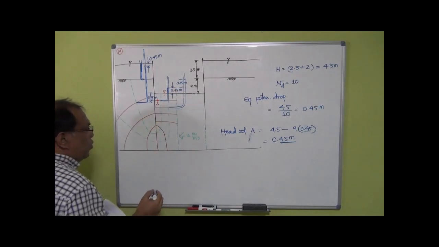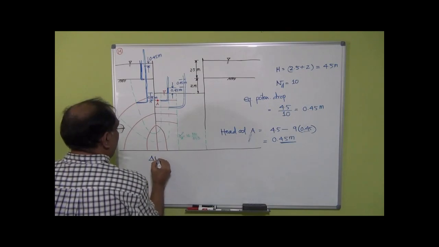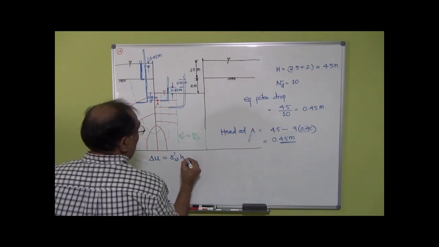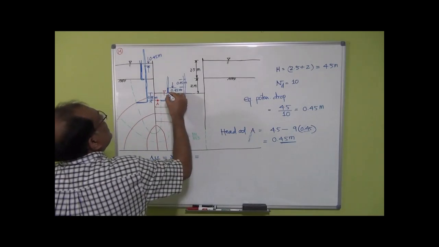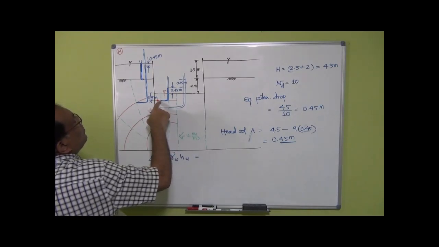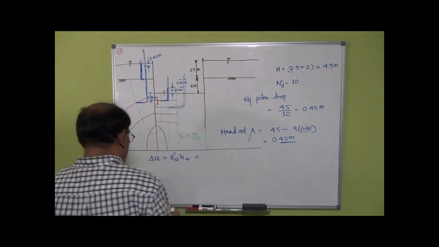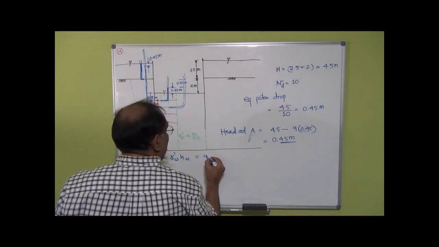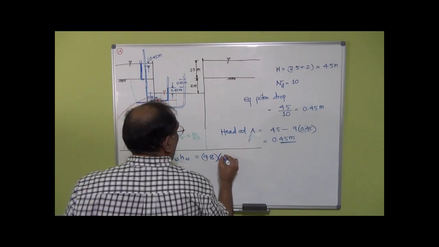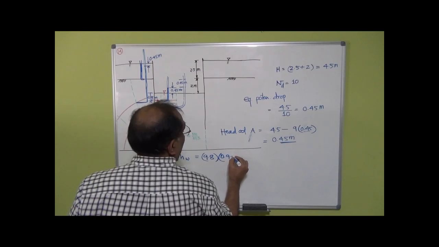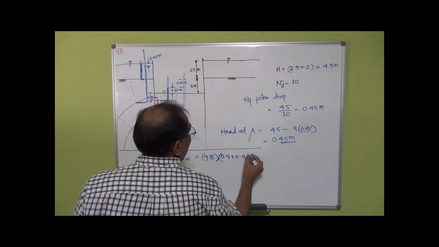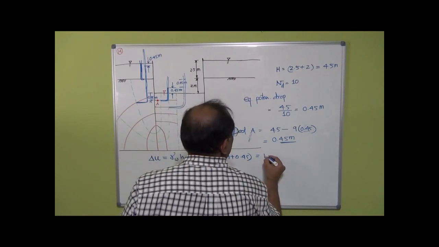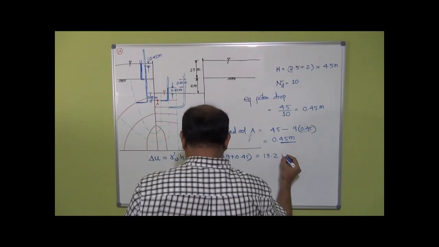So the pore water pressure, delta U, would be gamma W times HW. You can see the HW is 0.9 plus 0.45, so 1.35. That is 9.8 into (0.9 plus 0.45), which is basically 13.2 kPa.